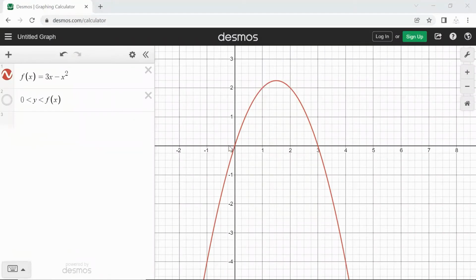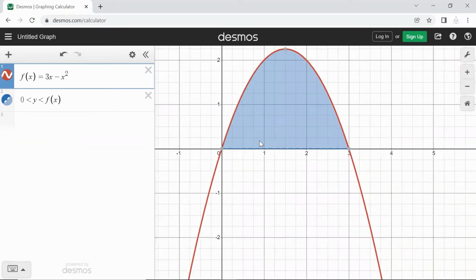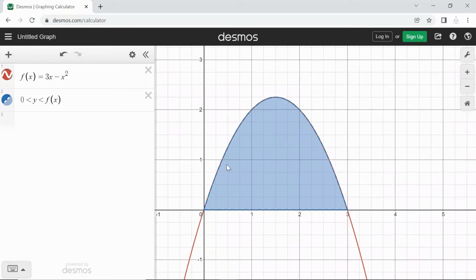I have graphed f of x equals 3x minus x squared. You can see 0 at the x value of 0, and at the x value of 3, we cross the x-axis. If you're looking for the signed area from 0 to 3, that means the area underneath this parabola. So the area that I have shaded in blue is the signed area.